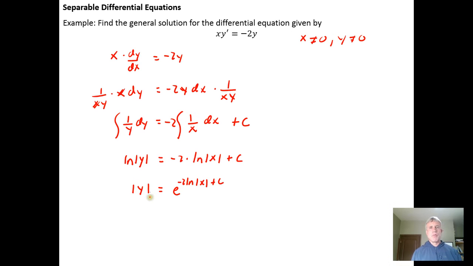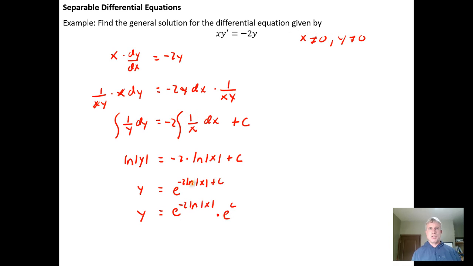And then we can drop the absolute value symbol on the y here, because base e to an exponent cannot be a negative number, so we don't have a need for the absolute value symbol there. We also want to recognize that the right hand side can be rewritten as y equals e to the negative 2 times the natural log of the absolute value of x times e to the c, because when we multiply same bases, we add the exponents.